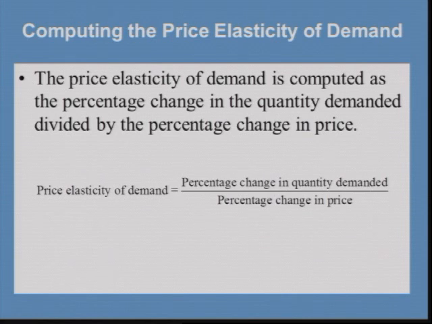In the numerator part, we're doing it for quantity demanded. And then in the denominator part, we're doing it for price. So basically, we're looking at how much our sales are going to change in relation to how much the price changed. And that gives us a measure of the price elasticity of demand.